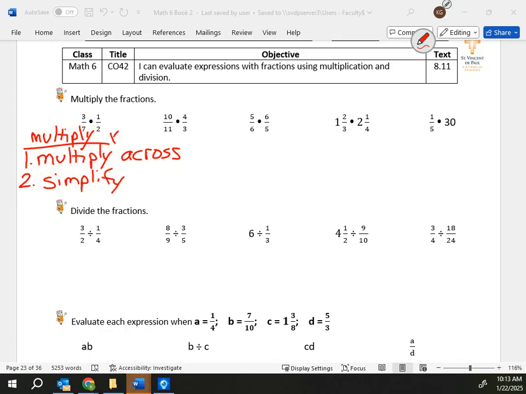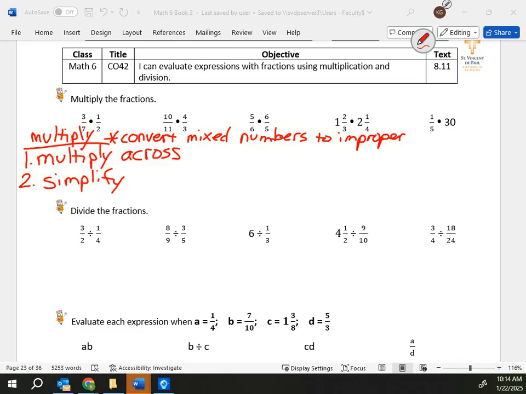We need to remember to convert mixed numbers to improper. So you can't just leave, this is for adding or subtracting and multiplying and dividing, you can't just have mixed numbers. You got to convert them to improper so we can make sure we're getting the right answer.